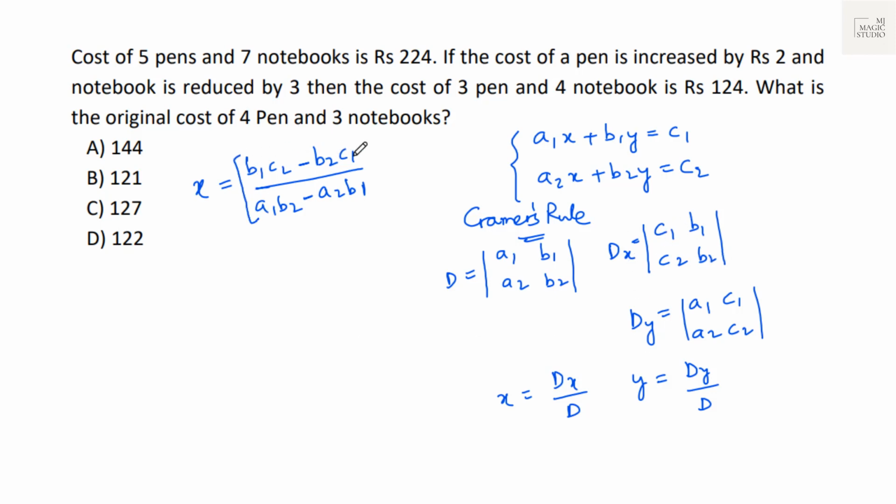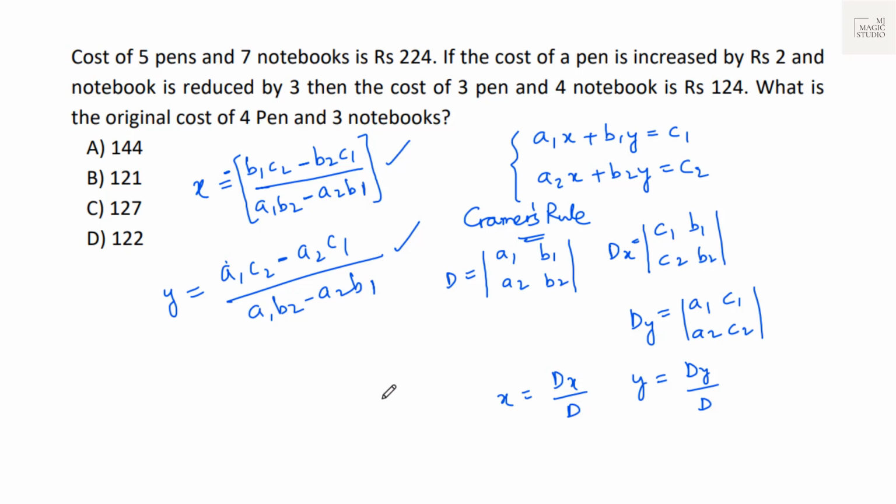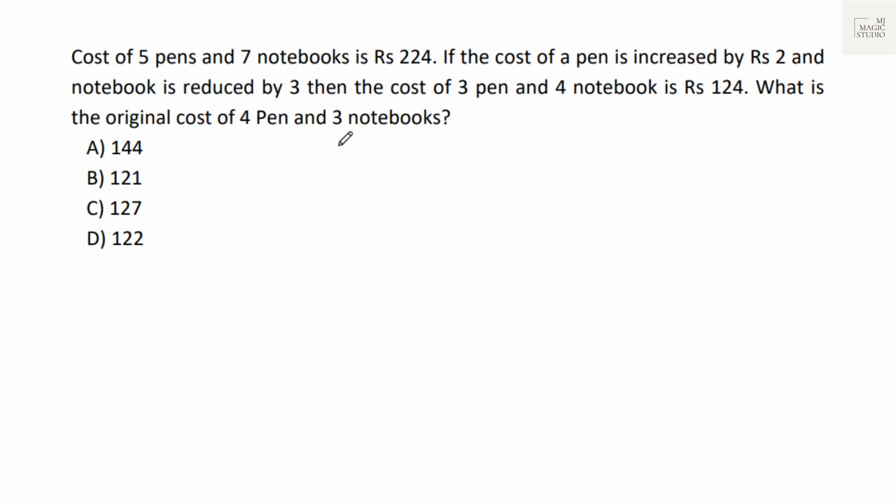But here we can see that dx is c1 b2 minus c2 b1, that means if we are using this process, put a minus sign outside. Similarly for y, it is simply again hide y: a1 c2 minus a2 c1 by a1 b2 minus a2 b1. That will remain the same. Here we can see that dy is a1 c2 minus a2 c1, and hence it becomes a shortcut. But this should be used only when a1 b1 a2 b2 c1 c2 are small numbers. Try to understand that. Now let's see what we have in our question.